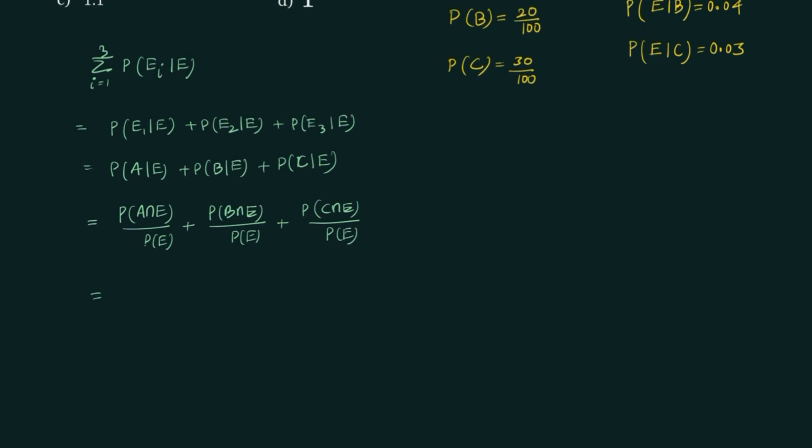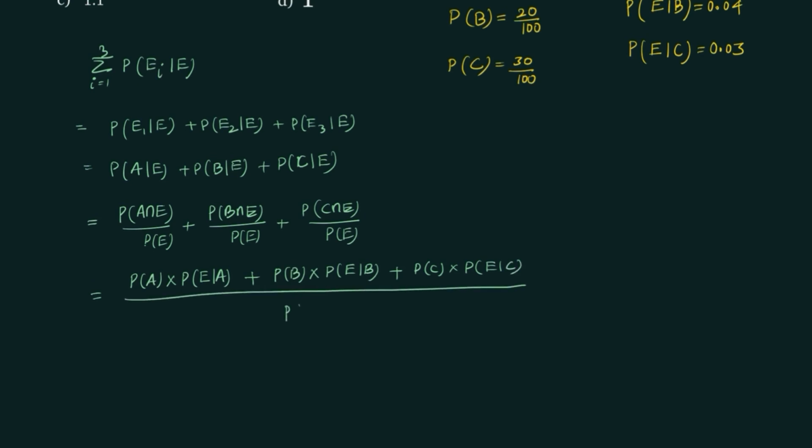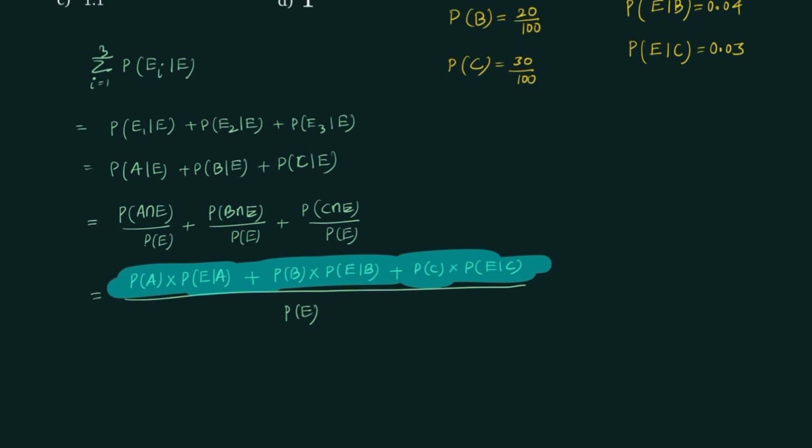Since the denominator is same, let us take the LCM, and in numerator let us use the multiplication theorem. So probability of A intersection E is probability of A into probability of E by A plus probability of B intersection E is probability of B times probability of E by B plus probability of C intersection E is probability of C into probability of E under the condition C, whole divided by probability of E. In numerator, as you see here, this is the total probability of making an error, because error can be made by A. See, the form has been processed by A and A has committed the error, or the form has been processed by B and B has committed the error, and the form is processed by C and C has committed the error.